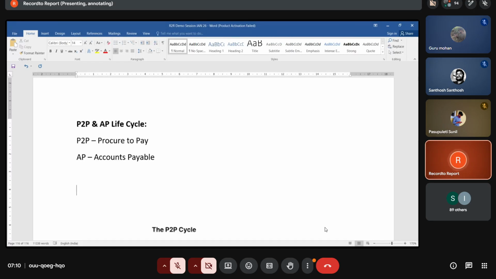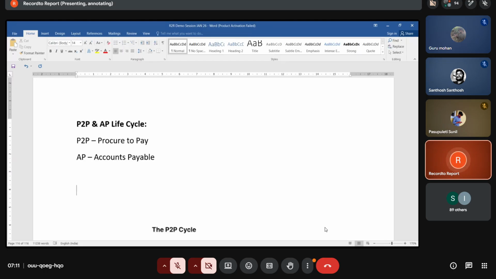We will not work on P2P, guys. We are going to work on R2R. But this topic is very important to understand how the process will work, because we need to know the end-to-end accounting.